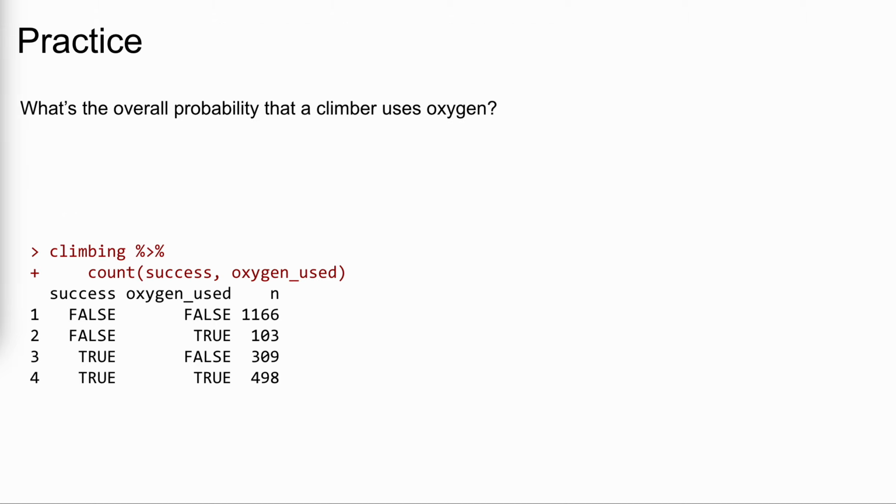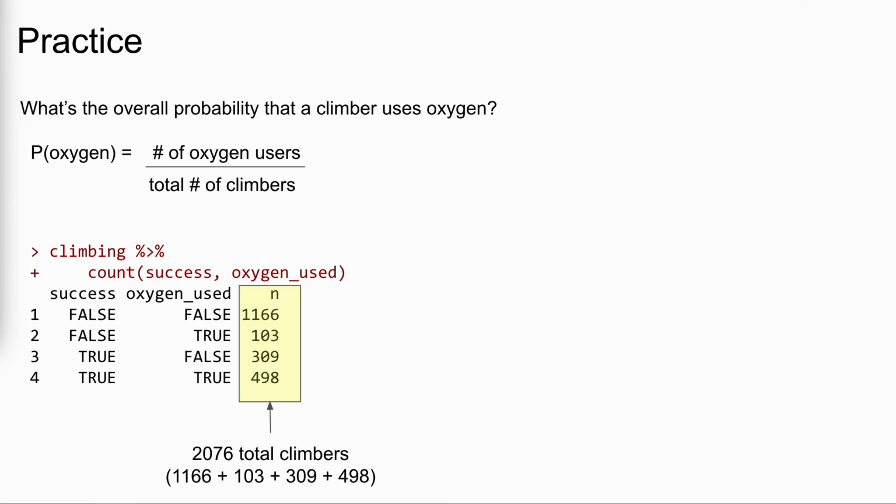Let's practice these concepts, now focusing on oxygen use instead of success. First, what's the overall probability that a climber uses oxygen? I encourage you to pause your video and try calculating this on your own. To calculate this marginal probability, we want to compare the number of oxygen users to the overall number of climbers.